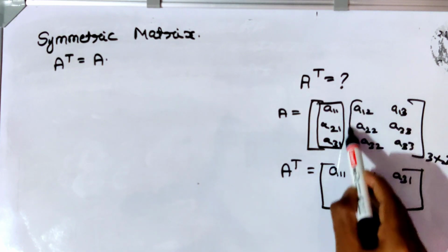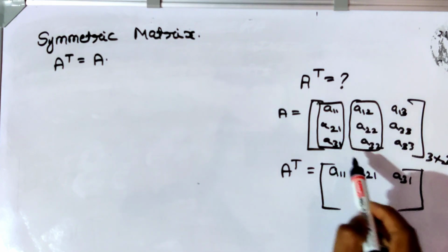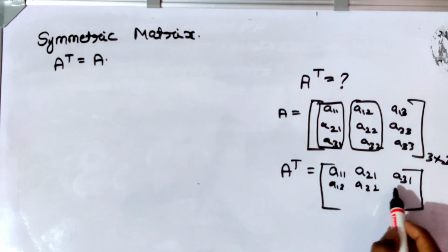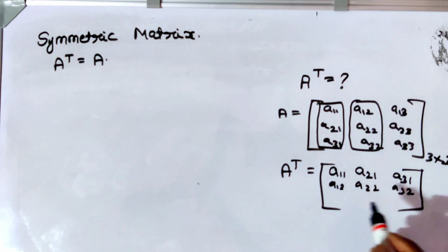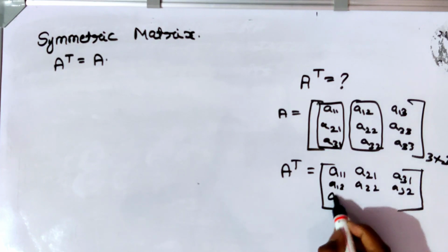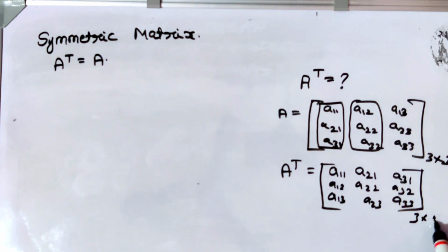This second column is written as the second row: A12, A22, A32. The third column is written as the third row: A13, A23, A33. This is the A transpose of the matrix A.